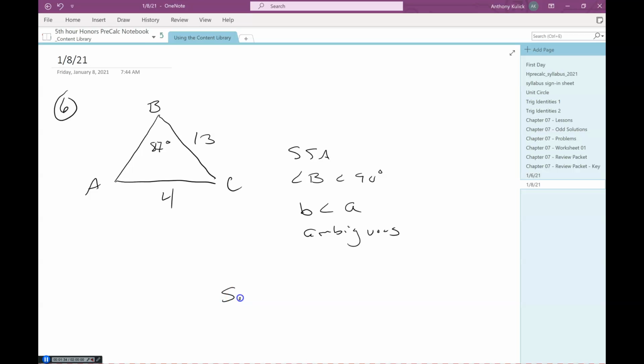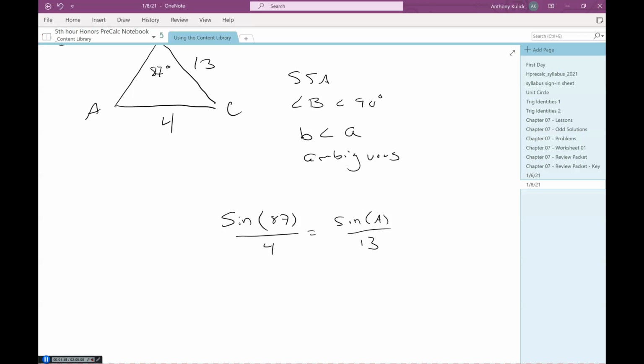To figure that out, we're going to do sine of B over B equals sine of A over 13. And if I cross multiply and divide, I get that sine A is equal to 13 sine 87 over 4. And then I need to evaluate what that is, so I'll type that into my calculator.